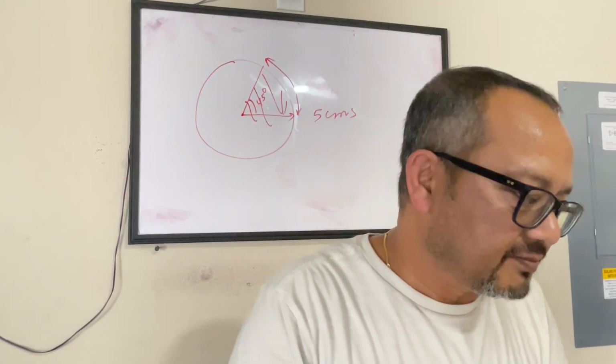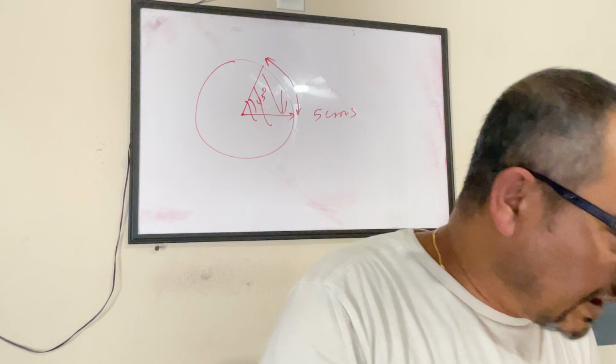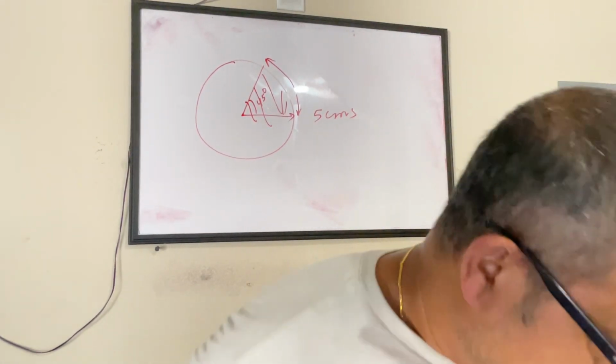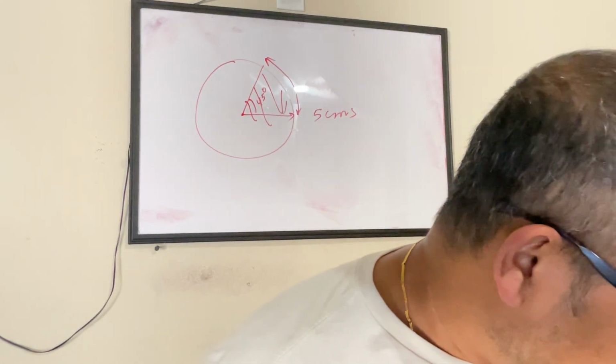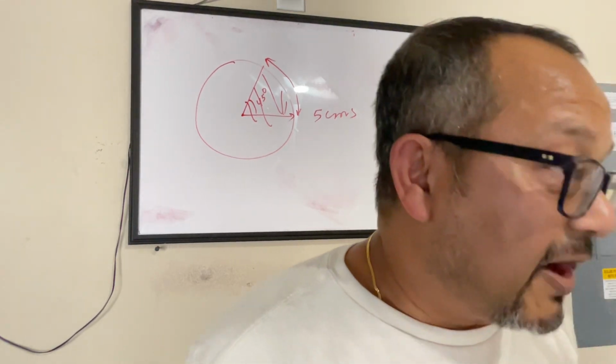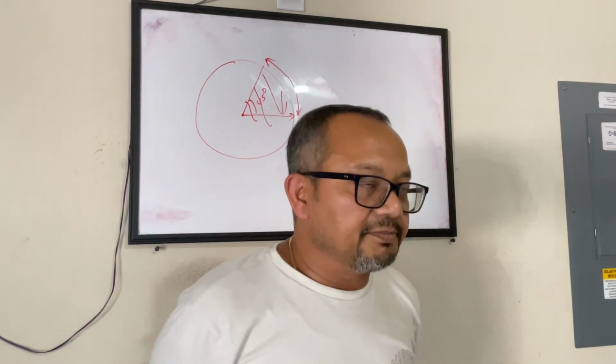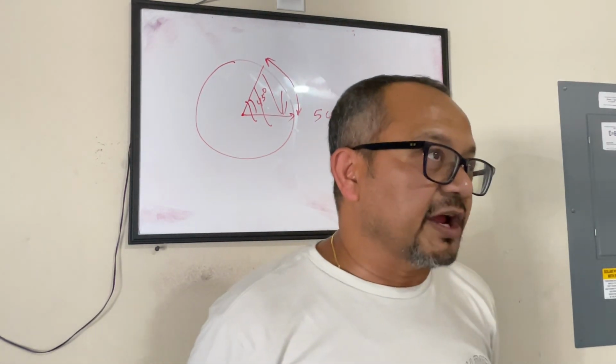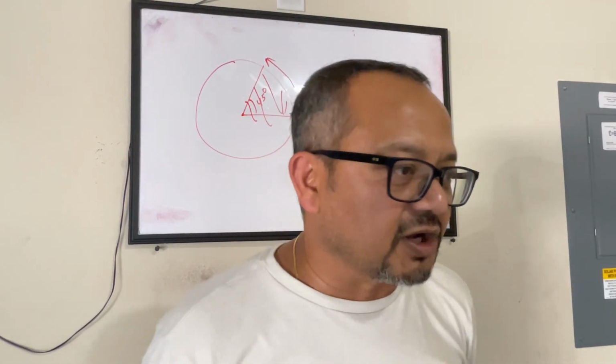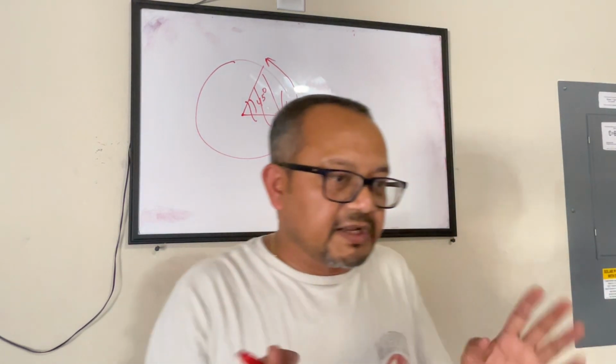Yes, Athar. Tell me the approach. Is this 5 centimeter the arc length or the radius? 5 centimeter radius. Okay. So I'm just repeating it one more time, and then probably in another 2 minutes I'll try solving it also. Not to get the answer, but to tell you guys the approach that I'll take.